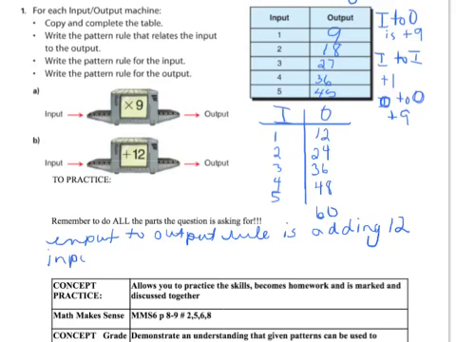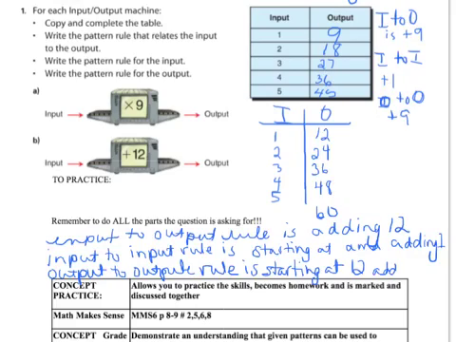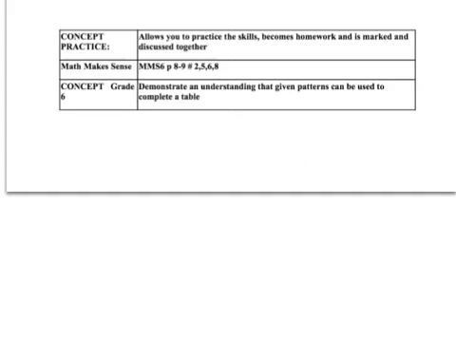Our input to input rule is starting at 1 and adding 1 each time. Ooh, barely enough room. And then our output to output rule is starting at 12, adding 12 each time.